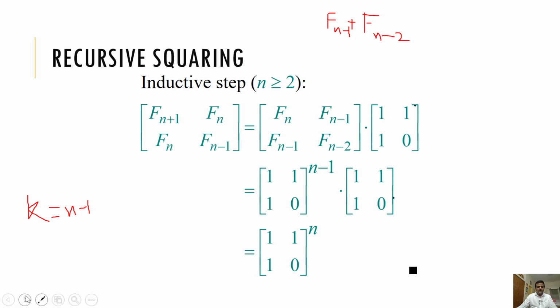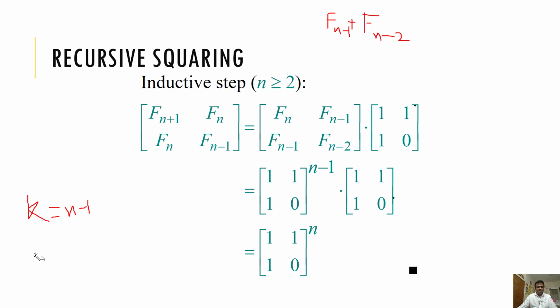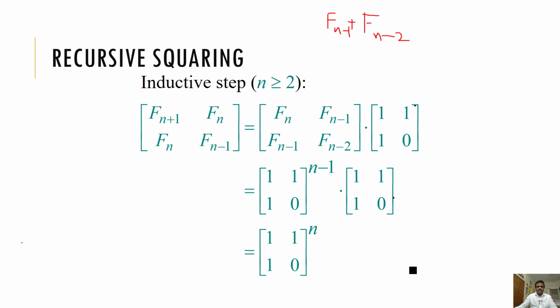Now, we assume that the result is true for up to n minus 1. That means the result is true for up to n minus 1. So, if you consider this matrix, now under the induction hypothesis, the assumption is the result is true for up to n minus 1.